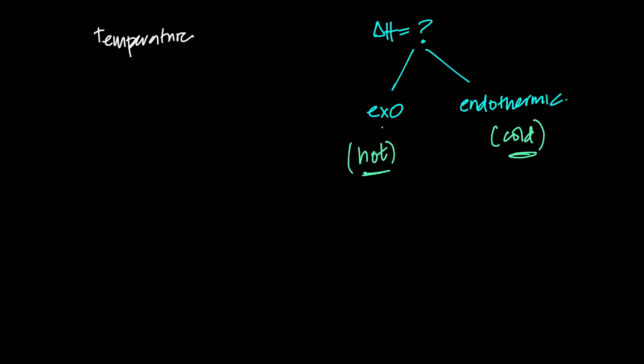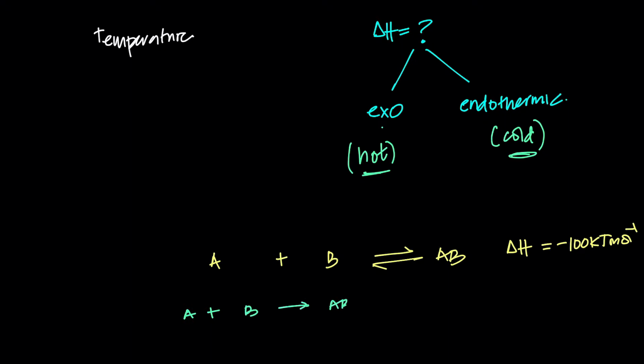Why am I repeating this? Because people tend to forget that exo reactions are hot and endo are cold. Now, for equilibrium, this is important. If A and B make AB, and I say the delta H is minus 100 kilojoules per mole, what I'm really saying is that A plus B becoming AB is minus 100 kilojoules per mole.